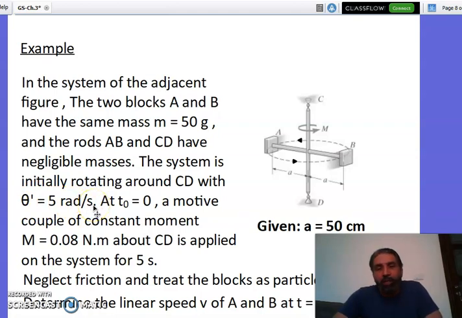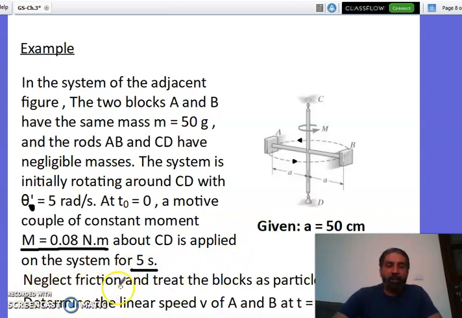So initially the system was in motion. It was rotating, meaning it has an initial velocity, and in reality this represents the initial angular velocity, because at t equal to 0 a motive couple of constant moment 0.08 Newton meter is applied on this system for 5 seconds. Okay?